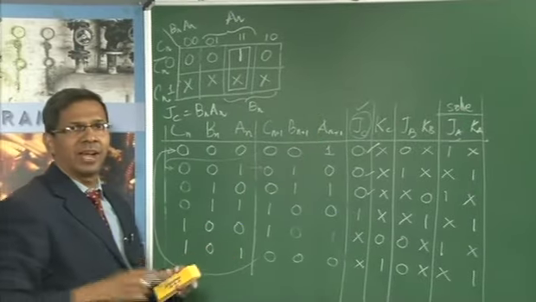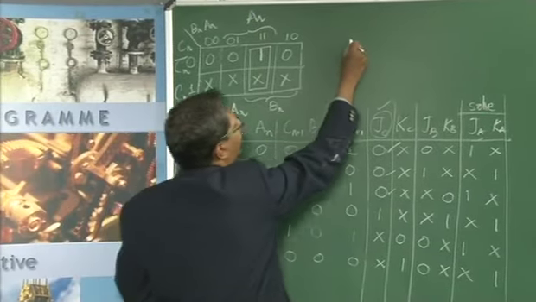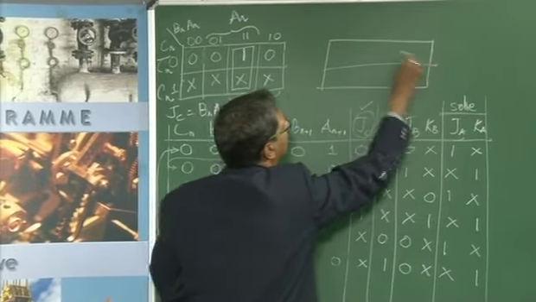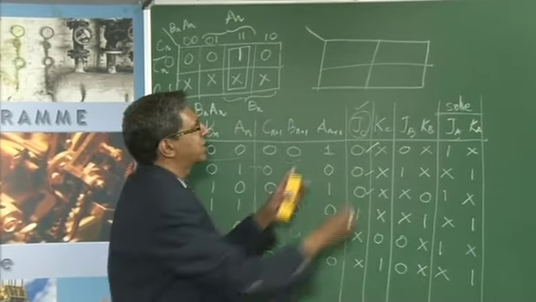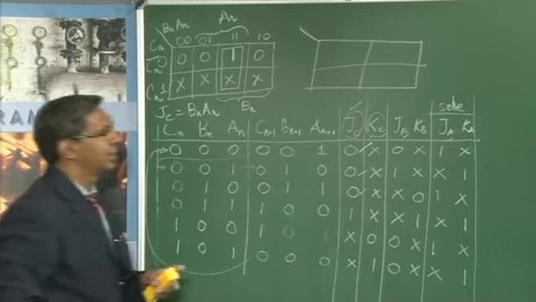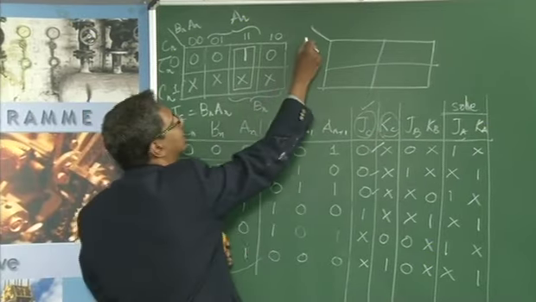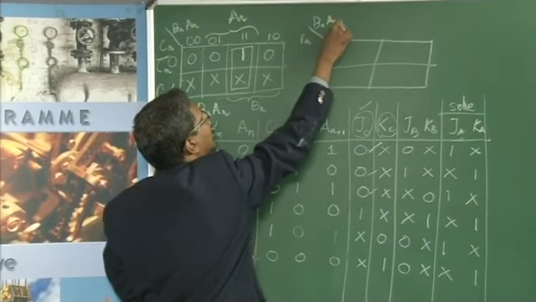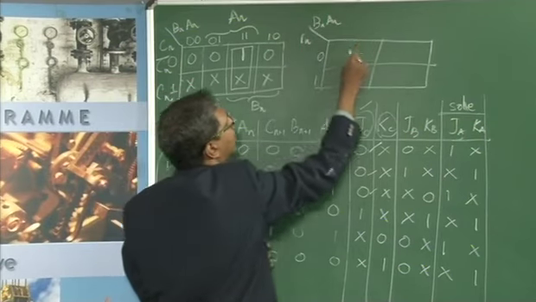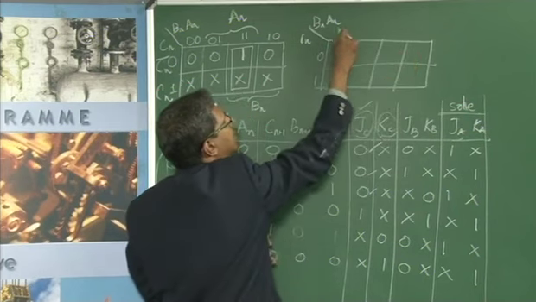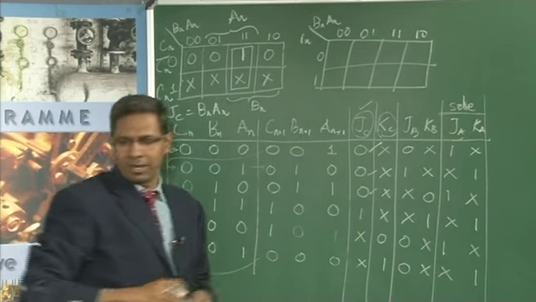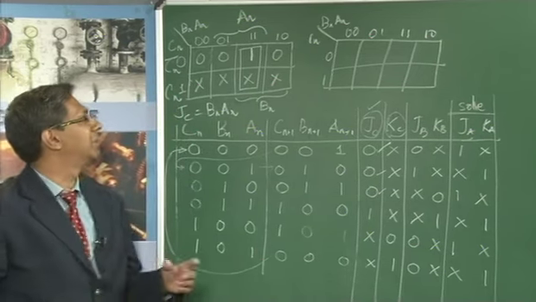Okay. Next, again it's a 3 variable. This time I am going to write the expression for Kc. So again I will write it as Cn, Bn, An, 0, 1, 0, 0, 0, 1, 1, 1, 1, 0. That's what the 4 variables are.